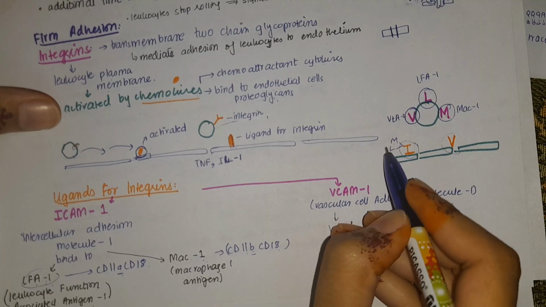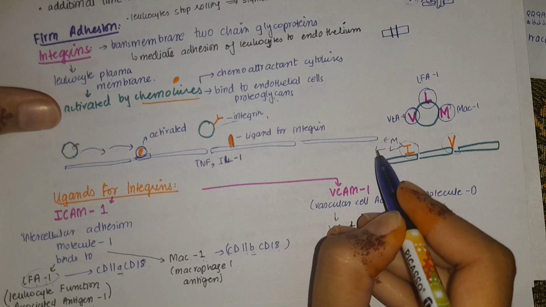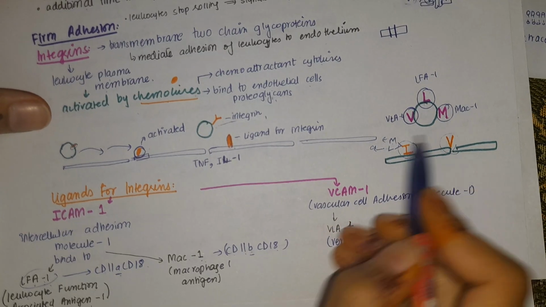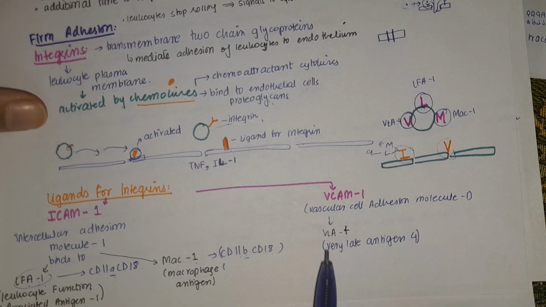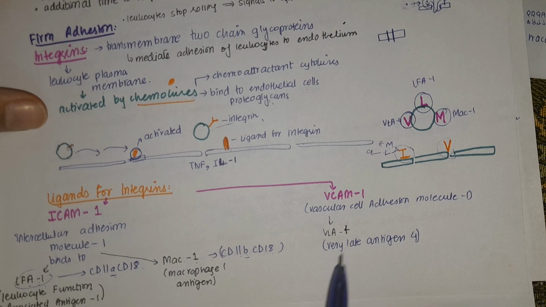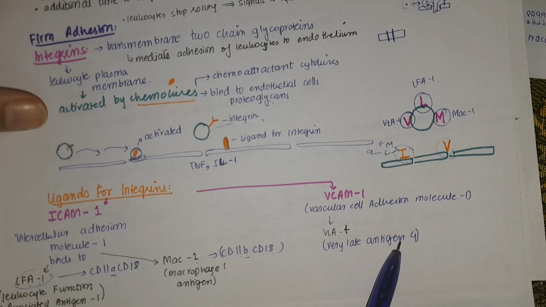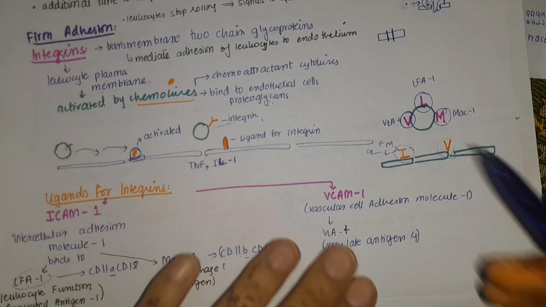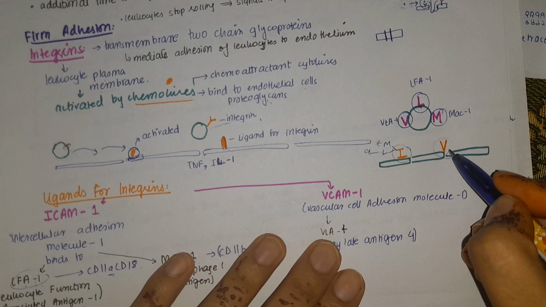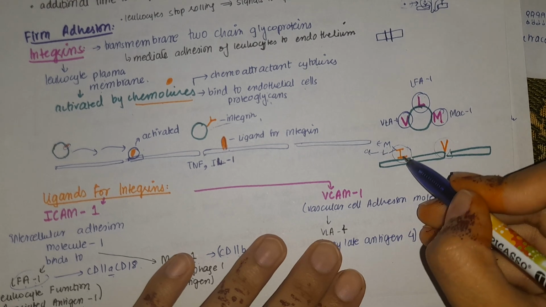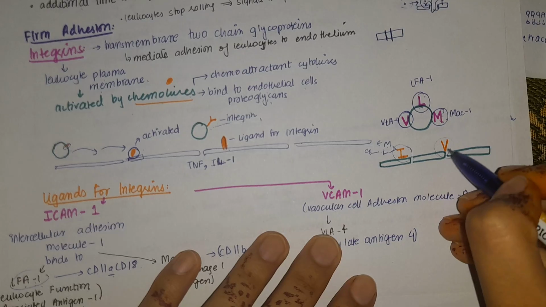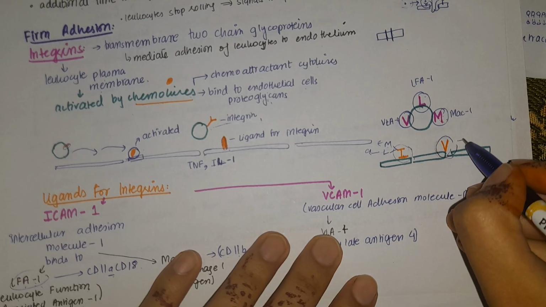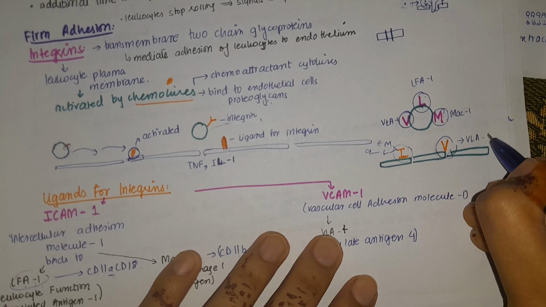This one is the one with A and this one is the one with B. For VCAM, which is vascular cell adhesion molecule, we only have one receptor, and that one is VLA4, that is very late antigen 4. So you can recognize the names. ICAM, VCAM, they are the ligands. For I, we have L and M, LFA1 and MAC1. For VCAM, we have only one, that is very late antigen number 4.